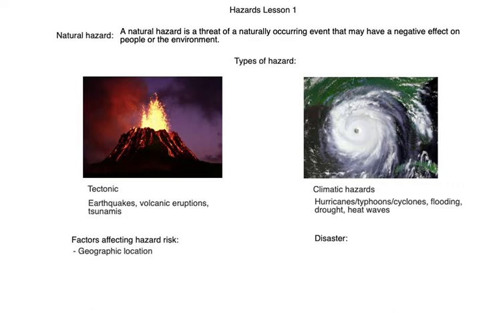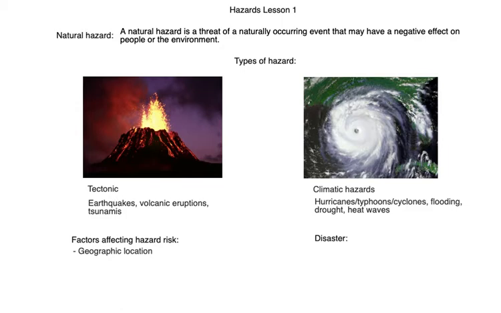For example, if you lived in Japan, you would be more at risk than if you lived in the UK, because Japan is very prone to many different types of hazards, including earthquakes, volcanic eruptions, tsunamis, as well as typhoons, as they're known in that part of the world. So your geographic location will affect your hazard risk.